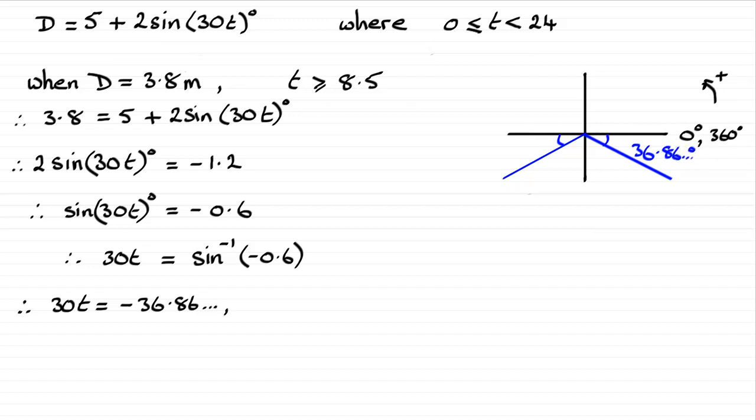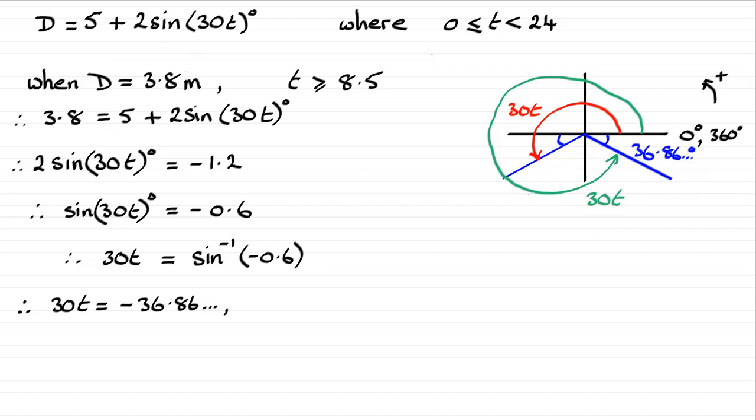Now, we want positive values for t, so one possible one would be going from here, 0, turning round to this first line. So that's a possible 30t. And the other one would be starting from here, turning all the way round till we hit that blue line again, this one here, and that is another 30t.